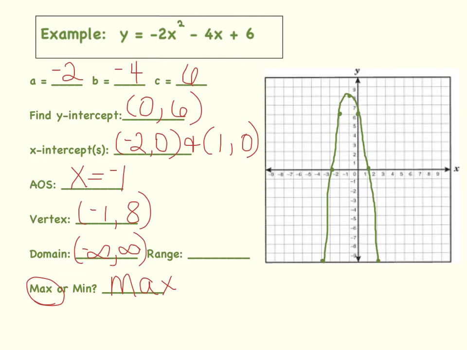But if you look at our graph, it's not starting at a specific point and going up towards infinity. It's actually starting down here from negative infinity, and it only goes as high as the y-coordinate of our vertex. So you would write the range from negative infinity, and what is the y-coordinate of our vertex? It's positive 8, so it only goes up to 8.